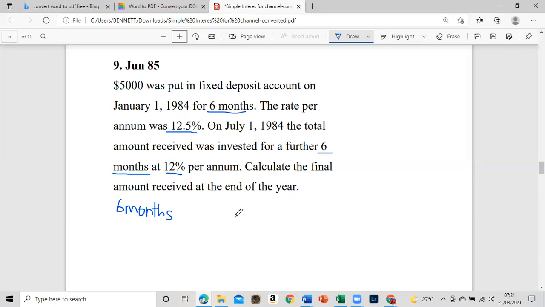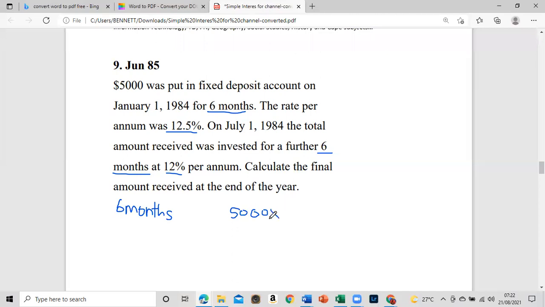So it's 5,000. So the time 0.5, because remember, 6 months is half the time, all right? Half the time.